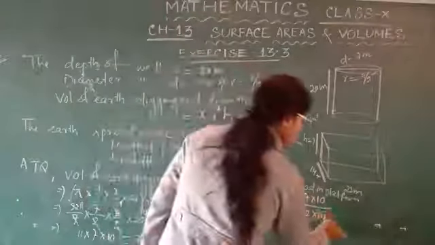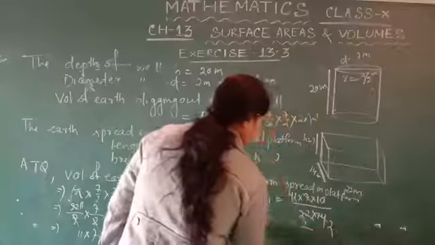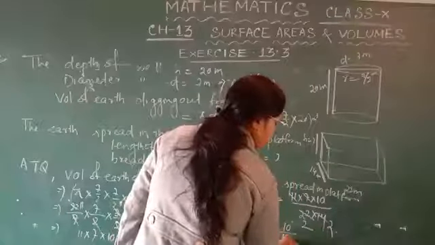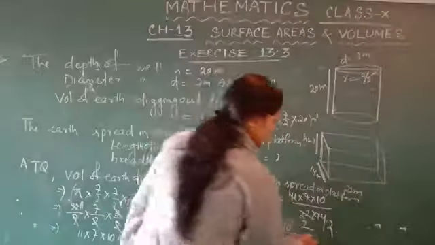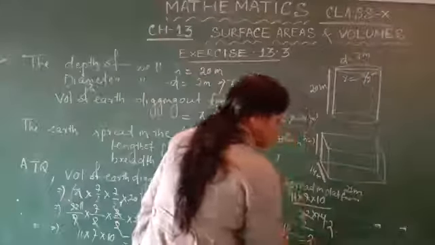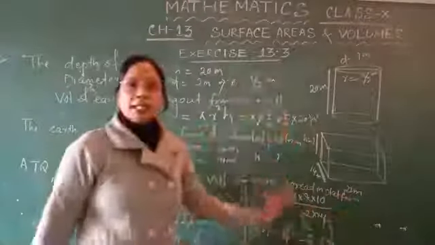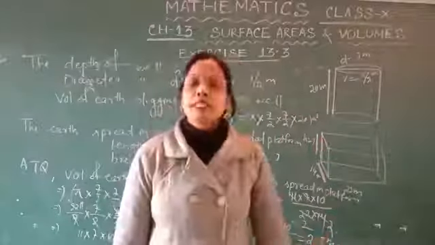Then 7 divided 14 is 2, 11 divided by 22 is 2. So h is equal to 10 upon 2 into 2, that is 4. So 10 upon 4 is 2.5 meter. So the height of the platform is equal to 2.5 meter.